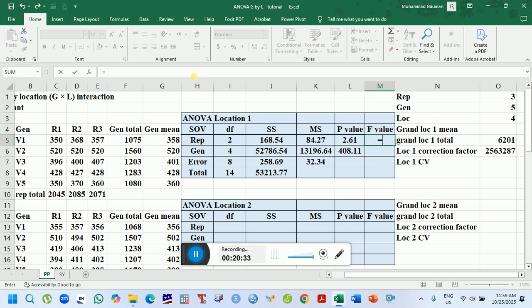Is equal to FDIST, replication probability value, comma, replication degree of freedom, comma, error degree of freedom. Press enter.